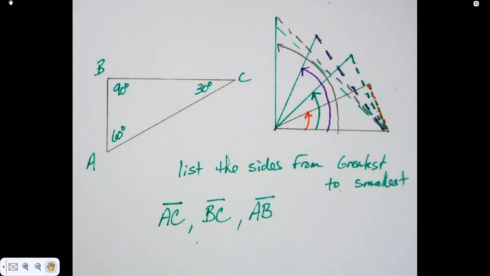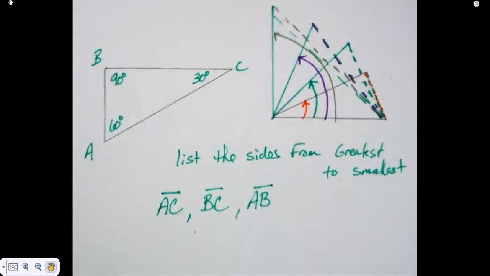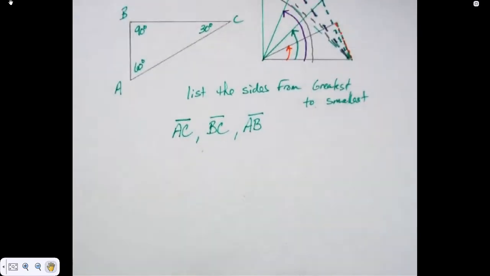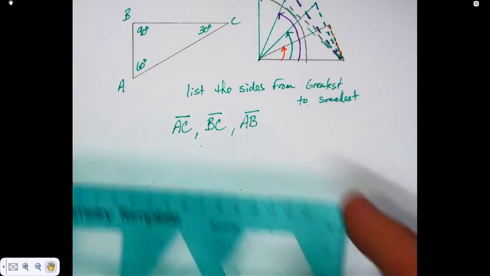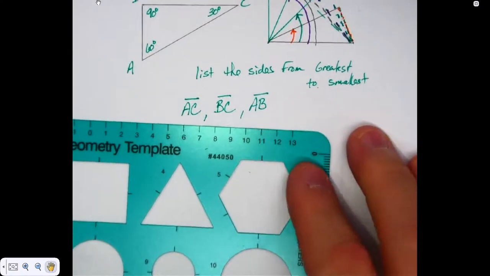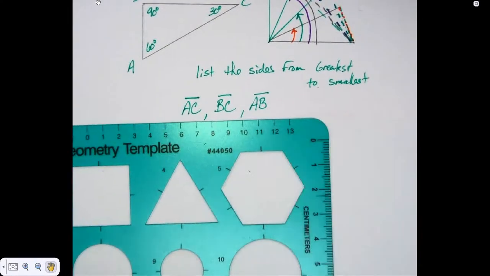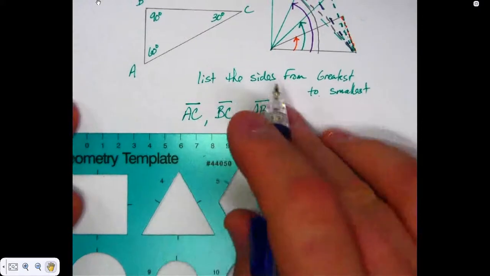I'd bet money that most of you did not do that the way that I wanted you to do it. So I'm going to draw another triangle, and it's okay. I'm kind of setting you up here, but that's all right. We're going to draw a second one.